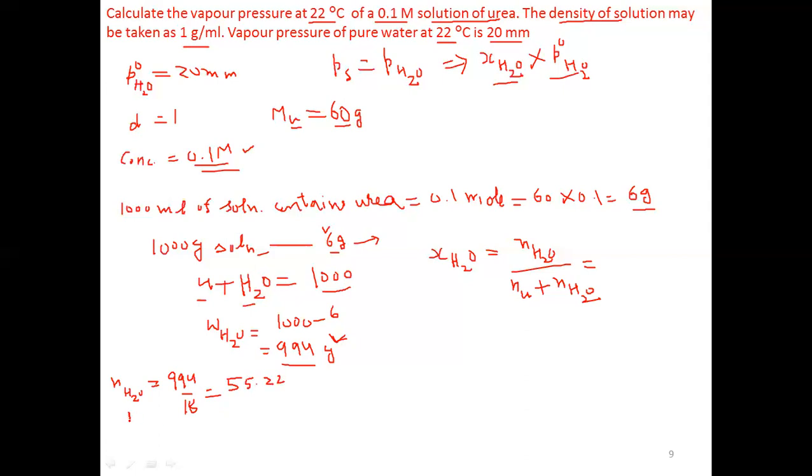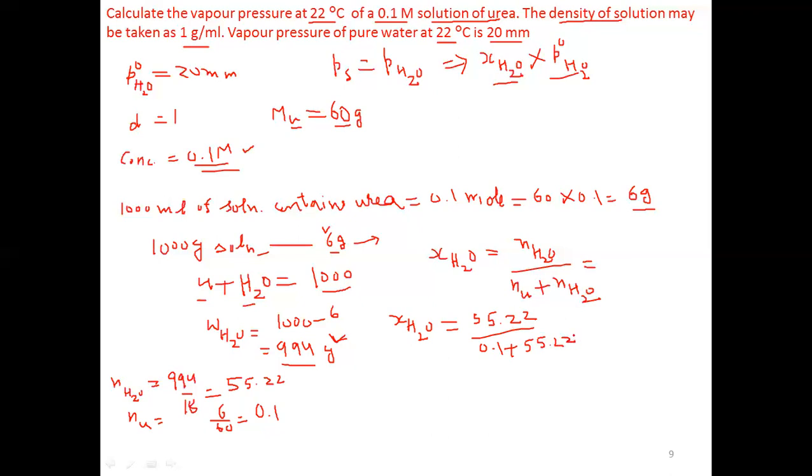Similarly, we can calculate n urea. Urea is 6 gram and its molecular weight is 60, so 6 divided by 60 is 1 by 10, which is 0.1. Now put the values here. X water comes out to be 55.22 divided by n urea, 0.1, plus n water, 55.22.